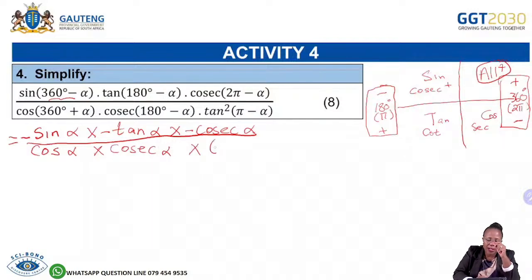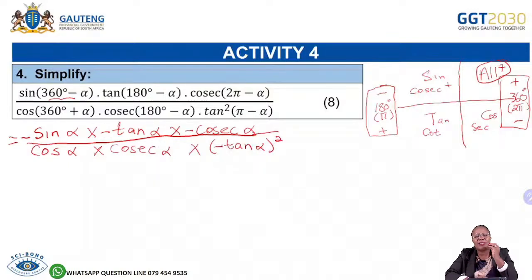You need to show us first that this tangent is negative tan alpha, and then you can put your square on after. You can't give us the simplified tan squared alpha, assuming that we automatically know you had a negative and decided to square it before giving the final answer. Show us first that the tangent is negative. You will square the answer after. Okay.